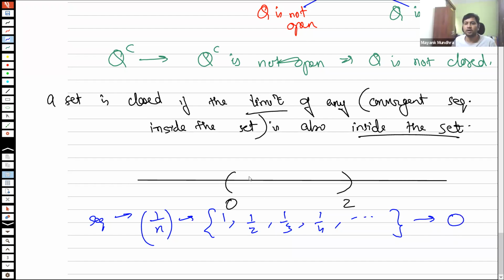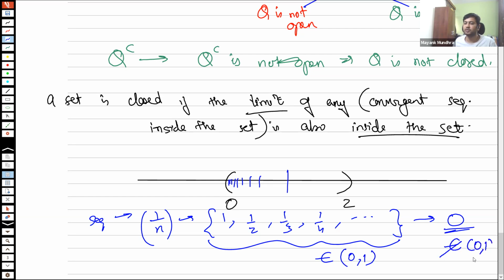Okay. So you start from here, 1, half, 1 by 3, 1 by 4, 1 by 5, 6, 7, 8, 9. All these points belong to the open set 0 to 1. But the final point 0 does not belong to the open set 0 to 1. So the entire sequence lies inside the set, but its limit does not lie inside the set.